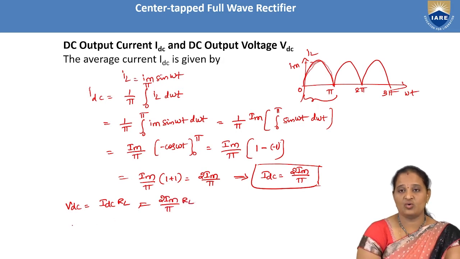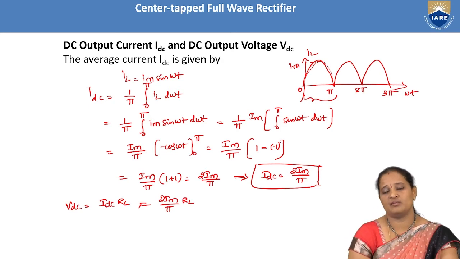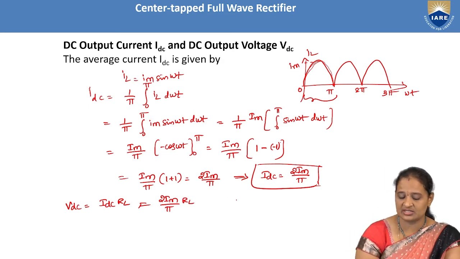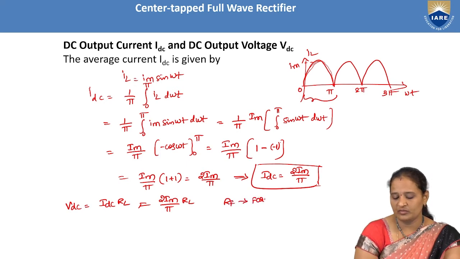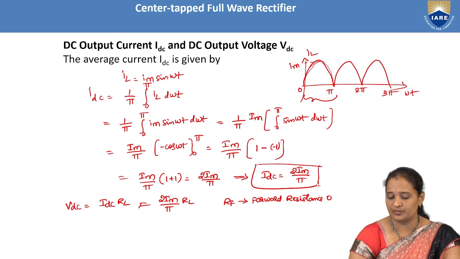Already we know that whenever we are considering a diode, there is the diode resistance, that is the forward resistance of the diode, which is negligible, and ideally it is equal to 0.